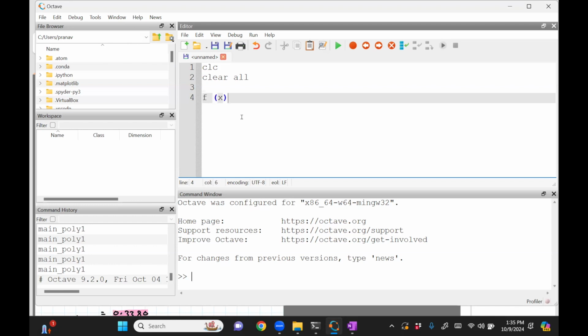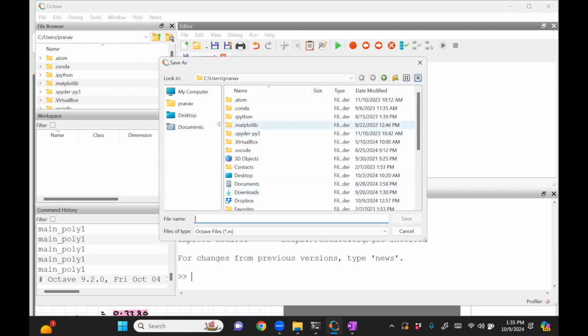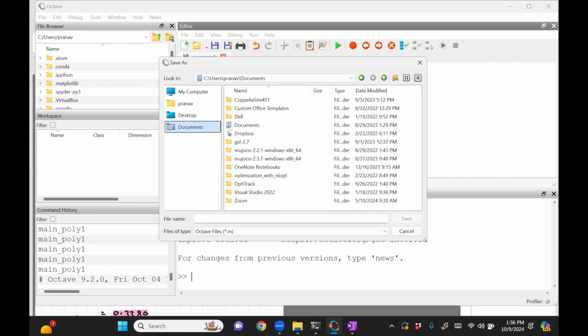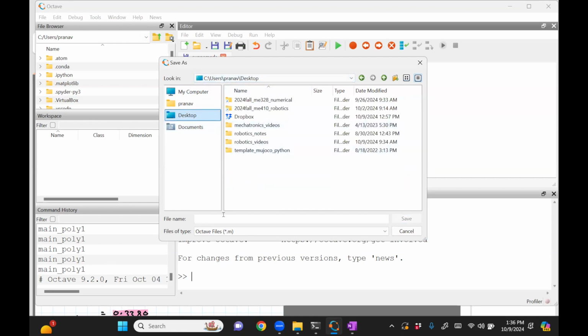So f x is this, how you write it? Square. Save it.